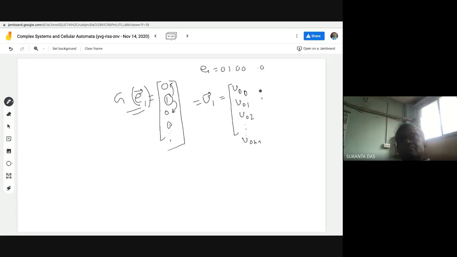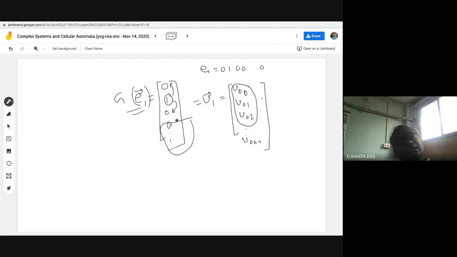So what does it mean here? Only these can be non-zero values, but the rest will always be zero.